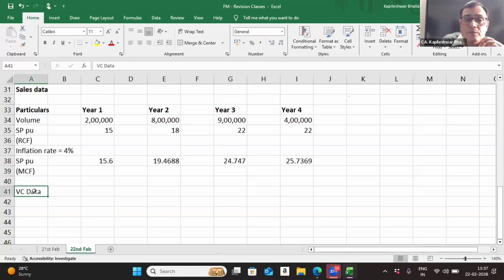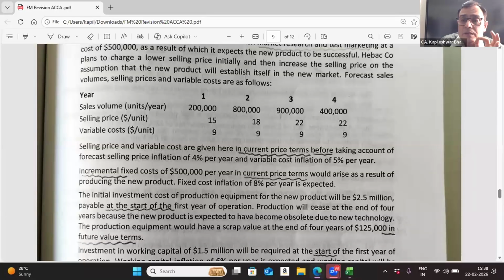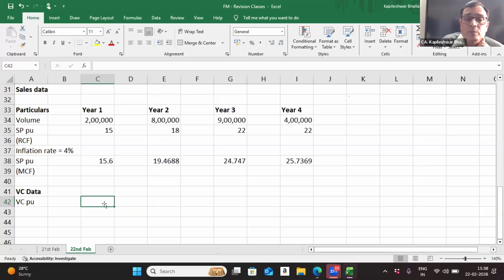So now we're going to organize the variable cost data as well. Let's see what the variable cost per unit is. In terms of the variable cost, it is all 9. So the variable cost per unit is all 9. And we are also given the inflation rate.